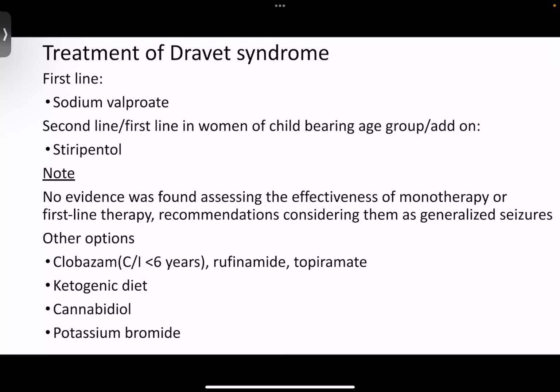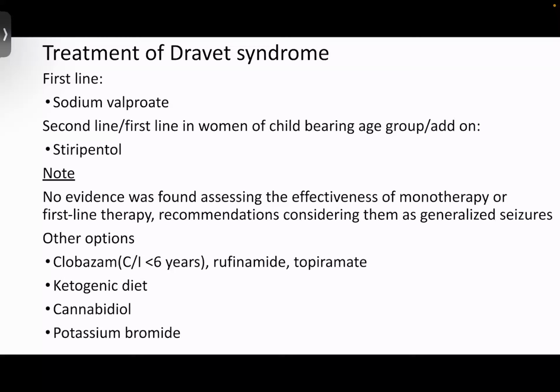Now coming to some complex syndromes like Dravet syndrome, because the prevalence is generally rare, again sodium valproate comes as the first line drug. As a second line drug, they have tried stiripentol. Again, there are no recommendations as to which drug as monotherapy or first line drug is effective.